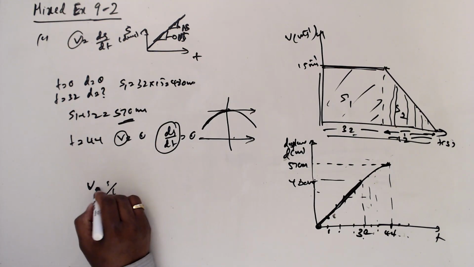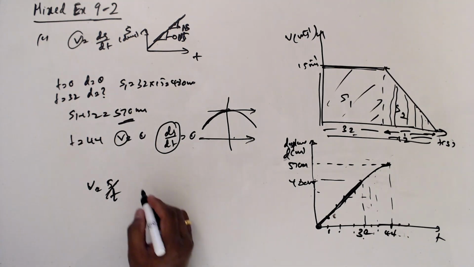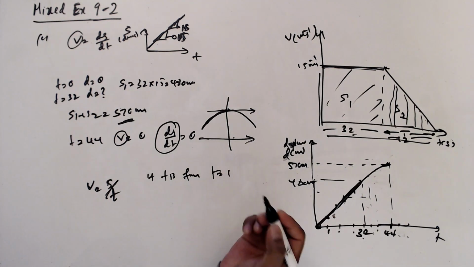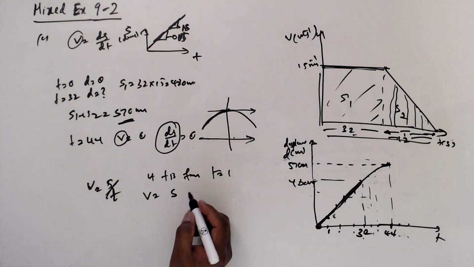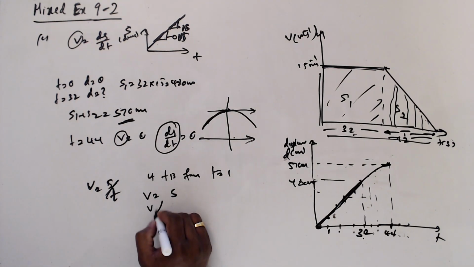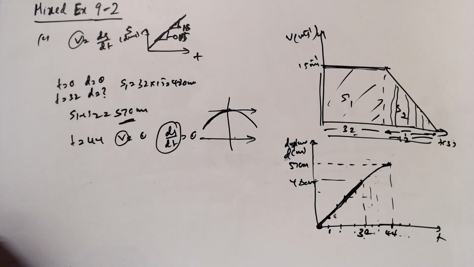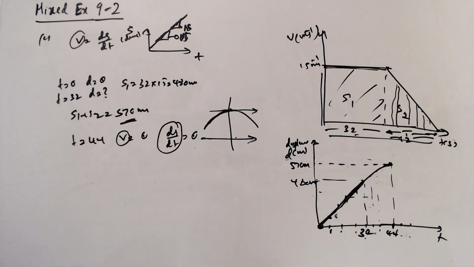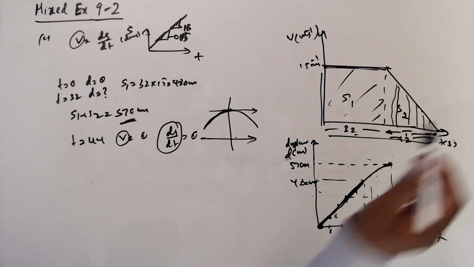So V equals S divided by T. And if T is fixed, let's say T equals every 1 minute, then V equals S. It means V is proportional to S. So what I want to emphasize is you can see from the graph that the gradient is reducing and the gradient becomes 0 here. So at 44, gradient equals 0, which is velocity equals 0.